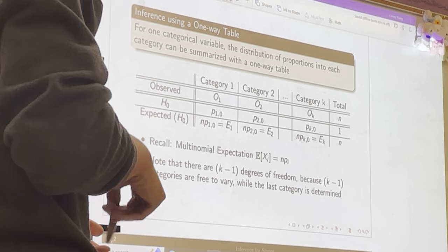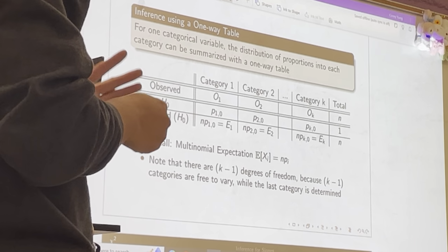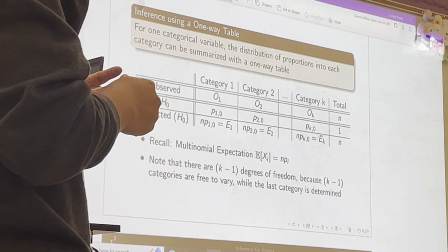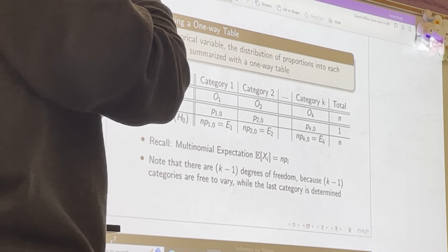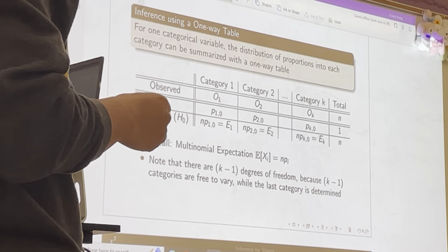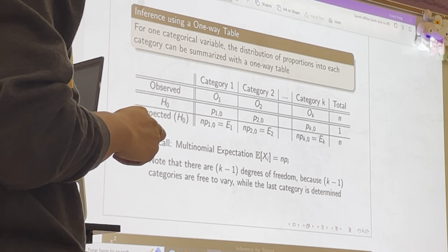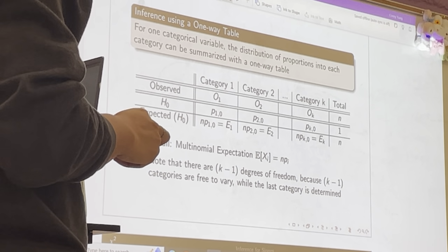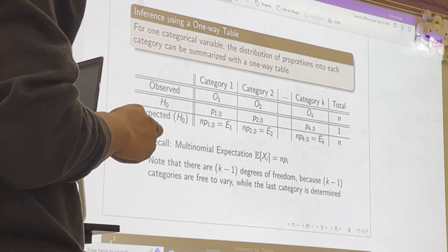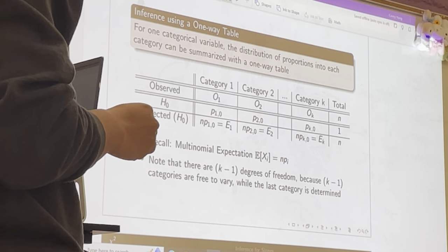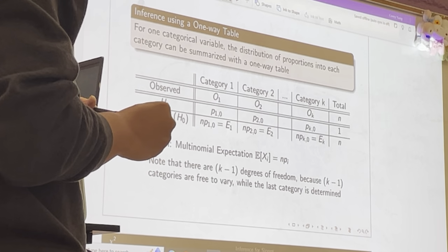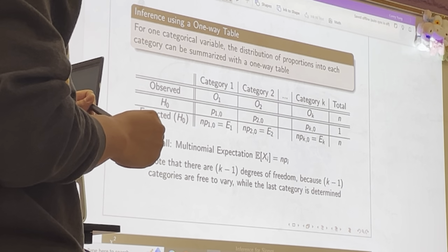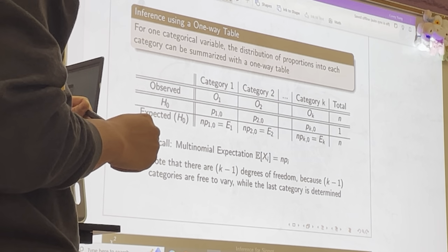Yes? Would it matter if instead of comparing the counts, you divided the counts of each category by n and then compared the probabilities? That I'm not sure, actually.